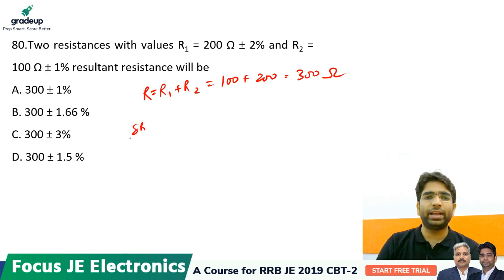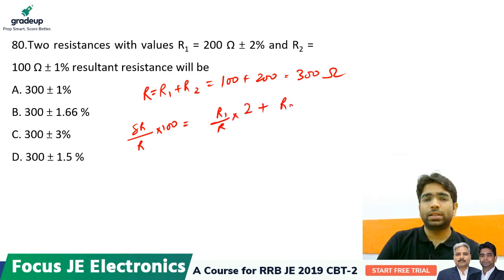For the combined limiting error, you can calculate like this. It will be R1 by R into the limiting error of the first, which is 2, plus R2 by R into the limiting error of the second, which is 1.